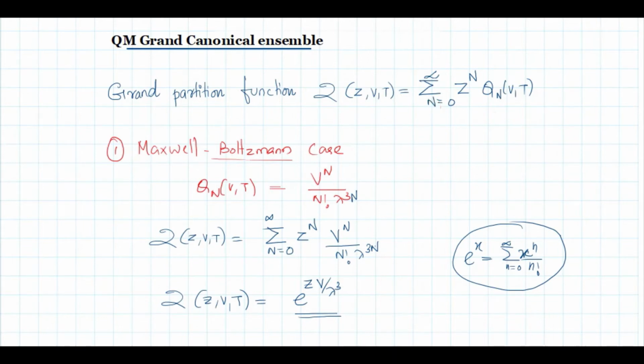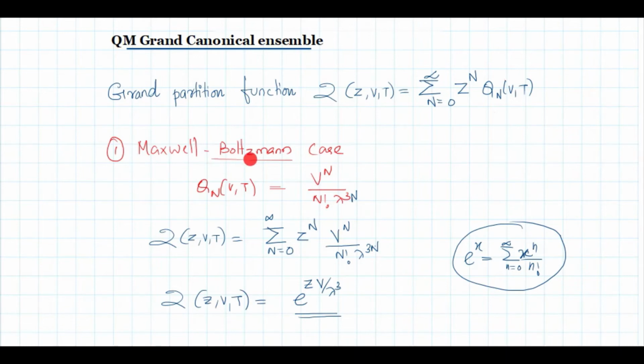It can vary from 0 to infinity. So there will be two summations. That is the basic difference. And z is the fugacity. z is known as fugacity. The definition was already given in lecture number 15. So the sum over n equal to 0 to infinity of z raised to n, Qn of V, T, is the grand partition function. Again, we will consider three different cases.